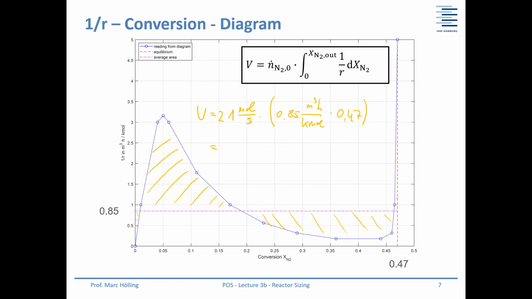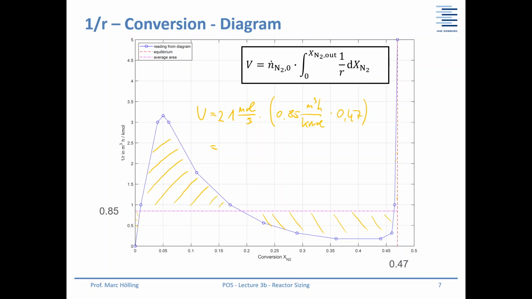Okay, what you have to take care of are the units. If you look here, in front you have mole per second. This is the mole flow. And here you have kilomole and hour. So if you want to convert it, then you have to take into account the factor of 3.6 to take care of mole, kilomole, hour, and second. And if you do so, then you end up with a value that I didn't note down.